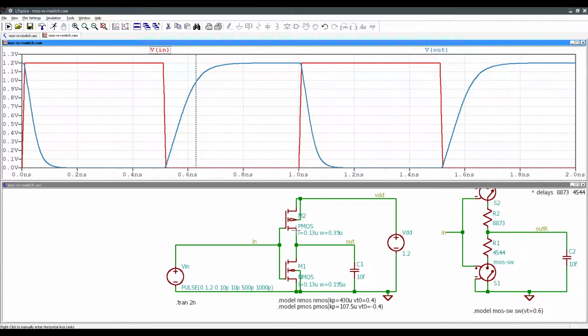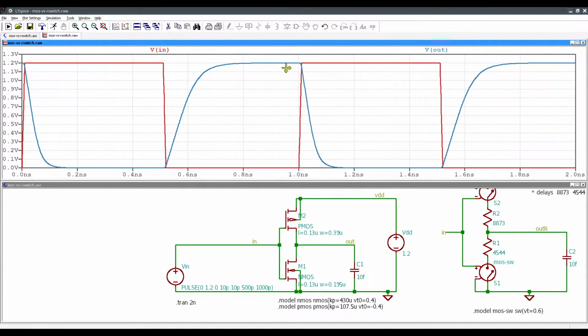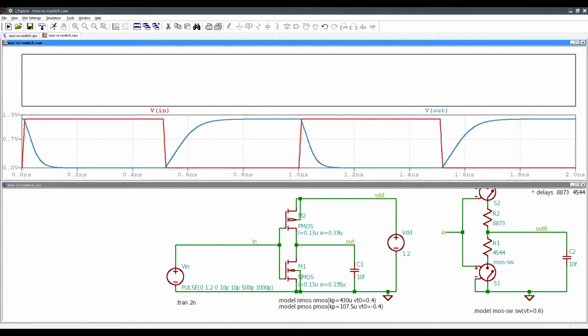If I plot the drain current, I see a negative current. Let me delete this and plot the drain current on a new plot.